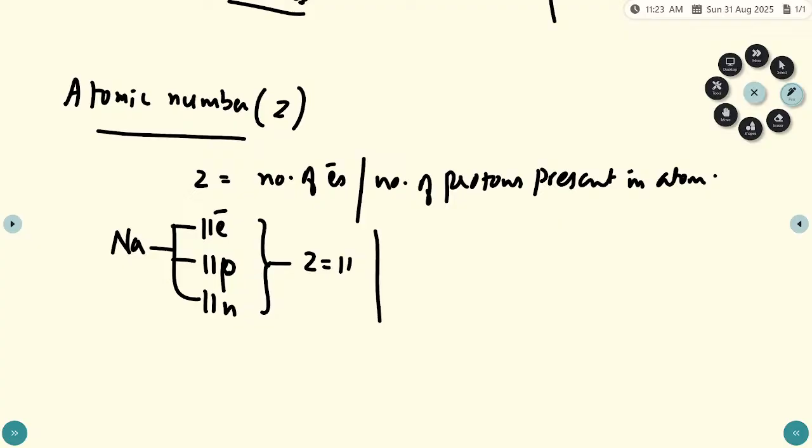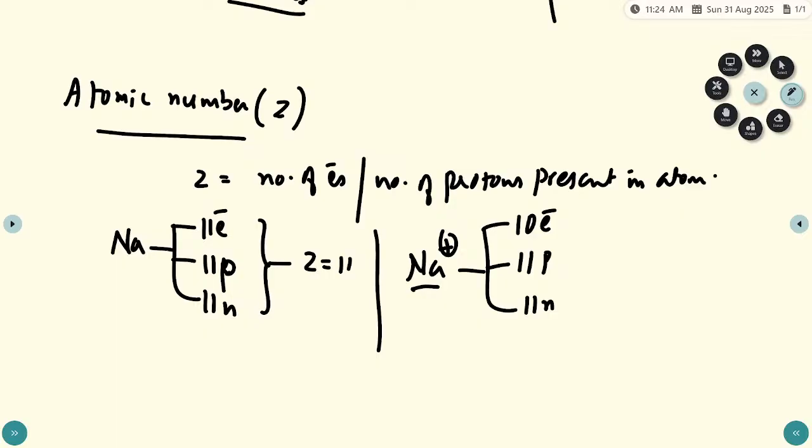For example, take Na plus. How many electrons are present in sodium plus? 10 electrons. And how many protons? 11 protons. How many neutrons? 11 neutrons. If you consider the number of electrons, the atomic number of sodium plus would become 10, which is wrong. So while calculating Z you have to take the number of protons only.